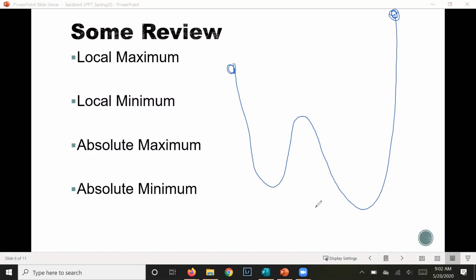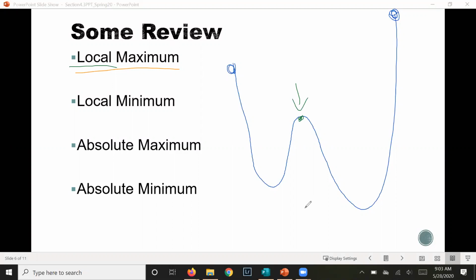Let's first talk about, in terms of this graph, what we mean by local max. This is that word local. If something is local, it's close by. So local maxima are points on the graph that are higher than all the points around them, right? As an example, this one right here would be a local maximum.